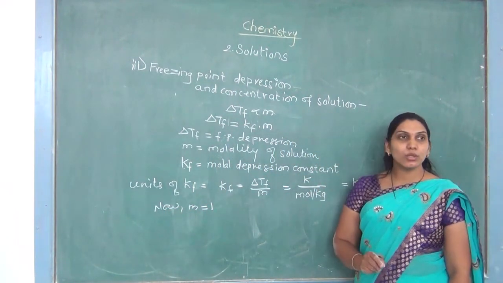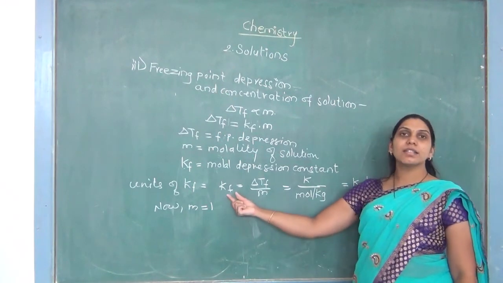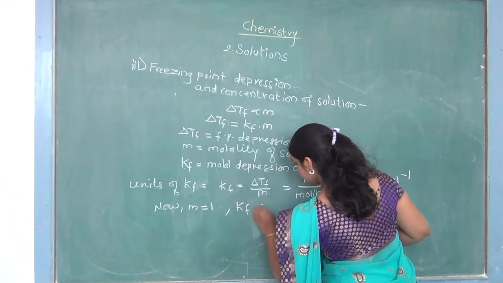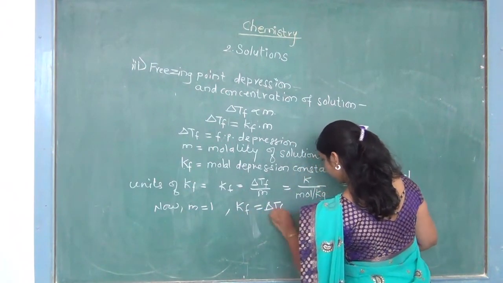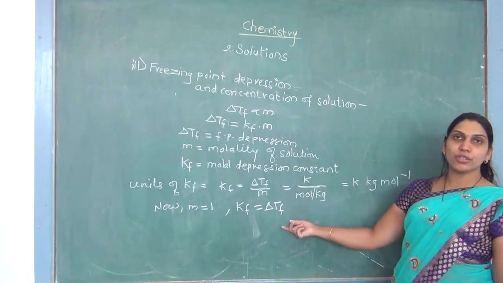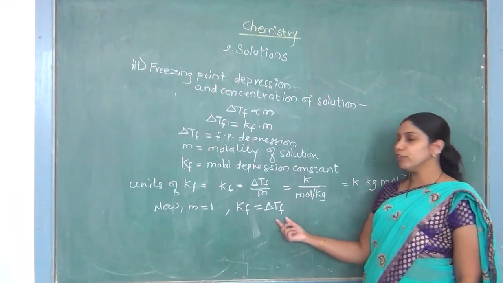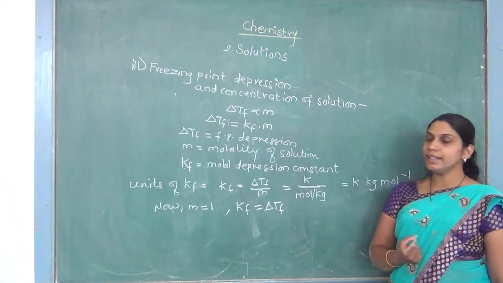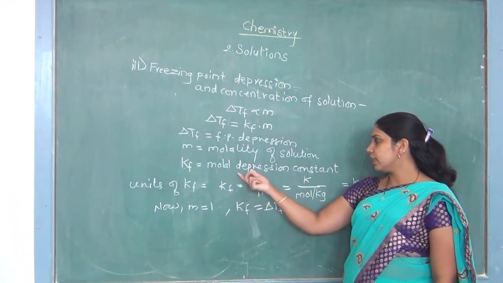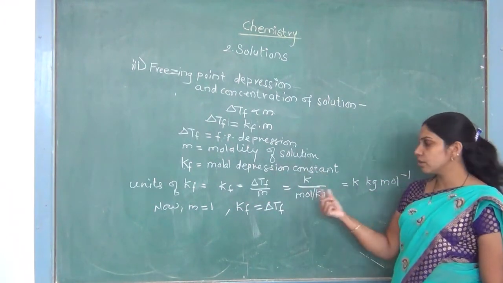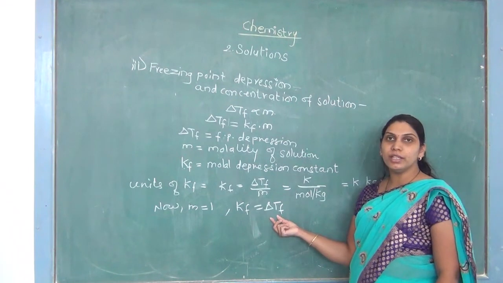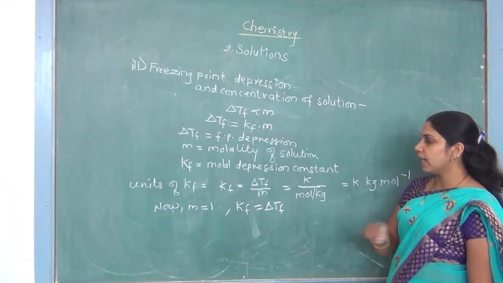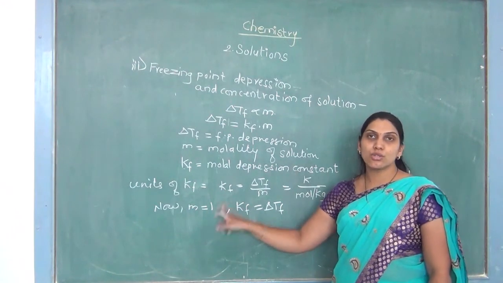At m is equal to 1, what we get is Kf is equal to delta TF. And from this equation we can find out the definition of Kf. How can it be defined? Kf, that is the molar depression constant, is equal to the freezing point depression produced by 1 molal solution.